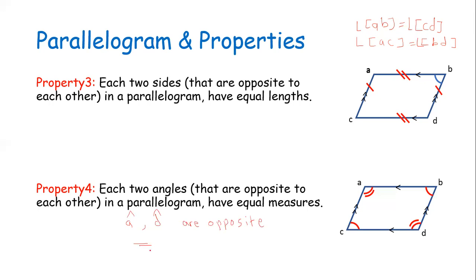In the parallelogram, this gives that the size of A equals the size of D. And similarly, B and C are opposite to each other, so they have equal measures, and we write the size of B equals the size of C.